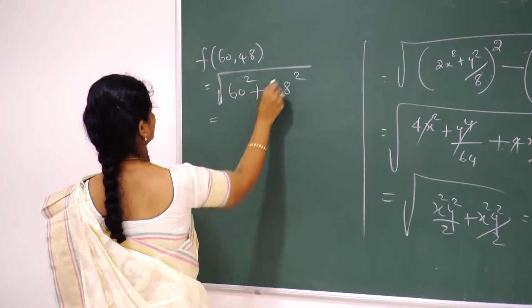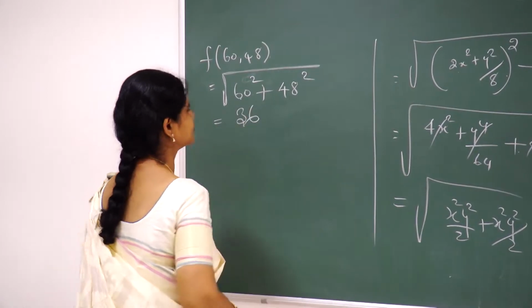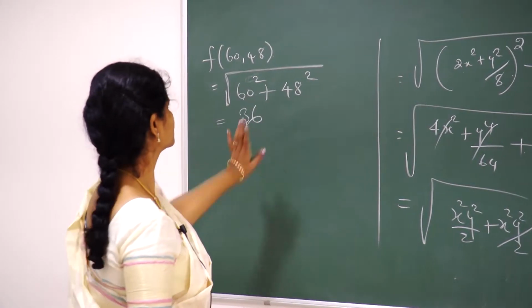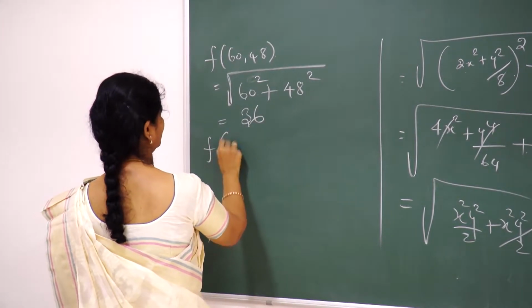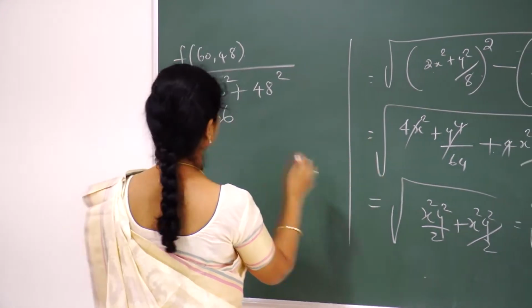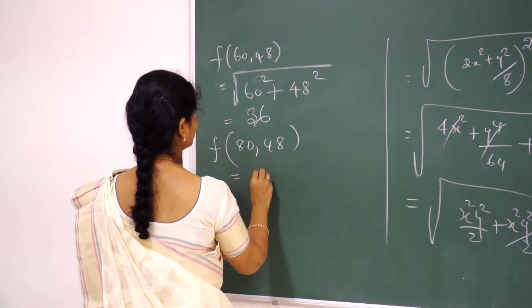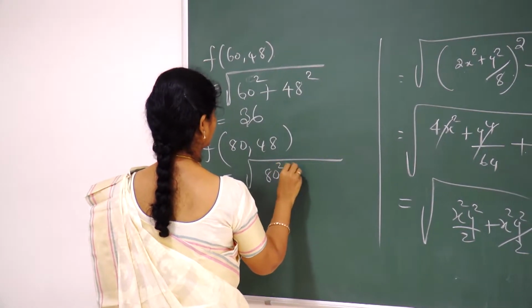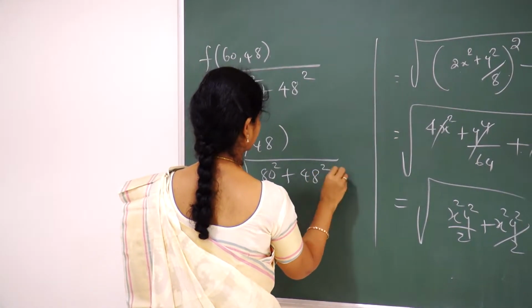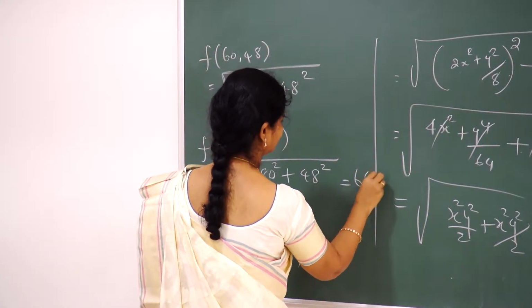When you take the square root, this answer is 36. You verify the answer, this is 36. Next, the second one is f of 80 comma 48. Again you apply the distance formula, 80 square plus 48 square, and check whether you are getting this answer as 64.